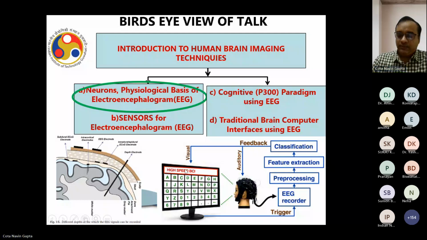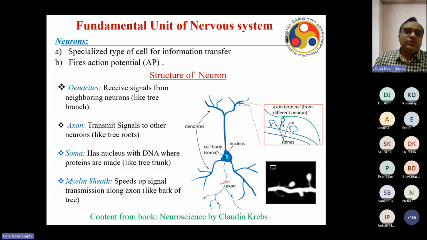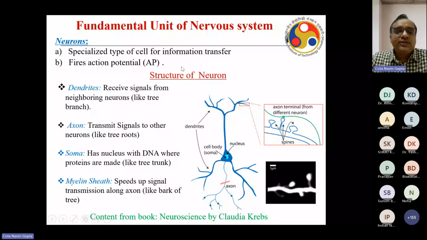Okay, so let's quickly get into the electric fields in the human brain, or the electroencephalogram. I think this is going to be the flow: single neuron, multiple neurons, and then the physiological basis. I think most of us know this from school biology, so I'm just going to go through this quickly.